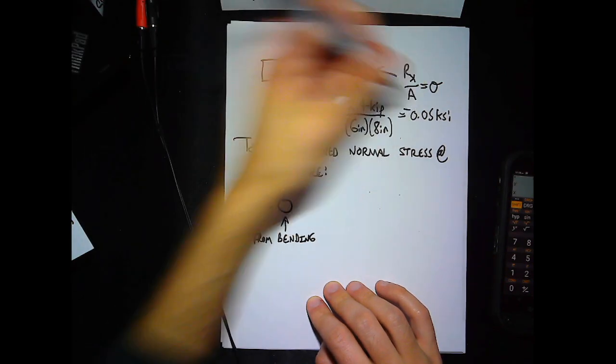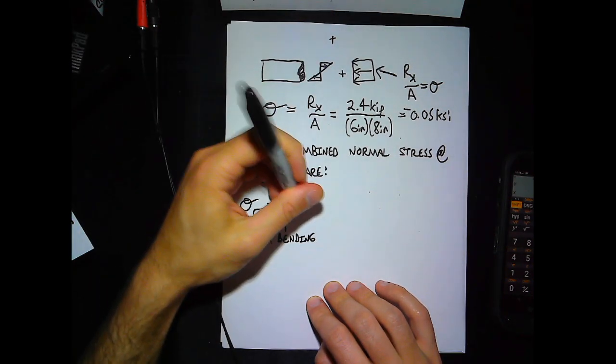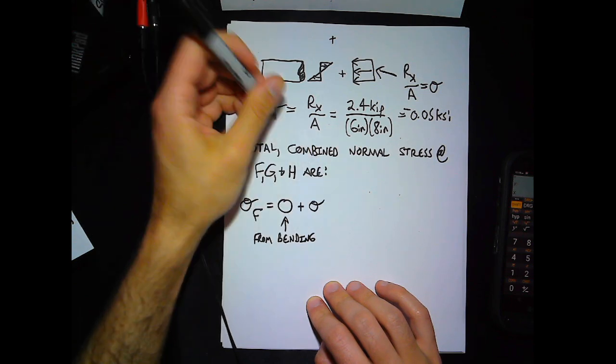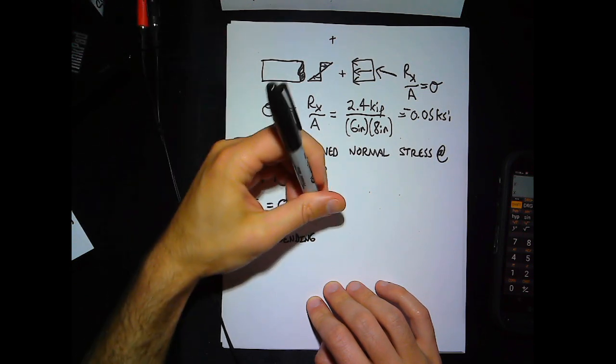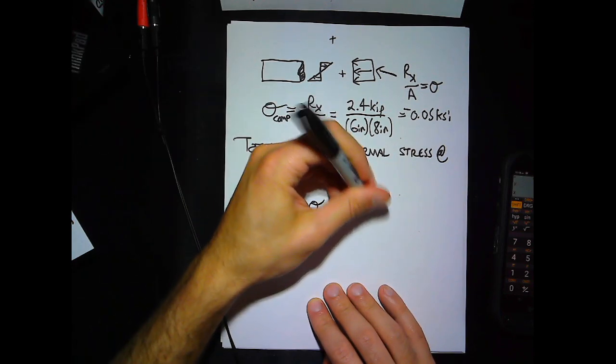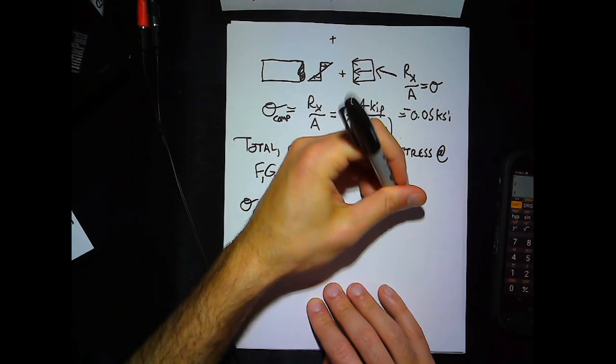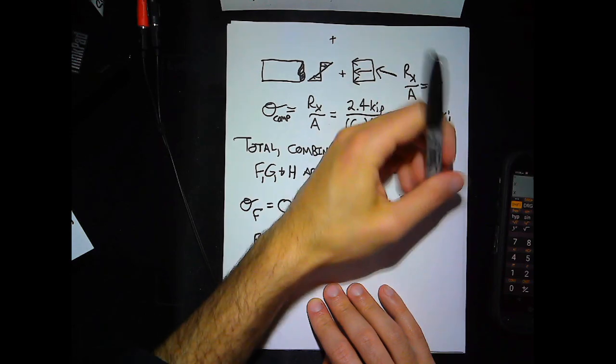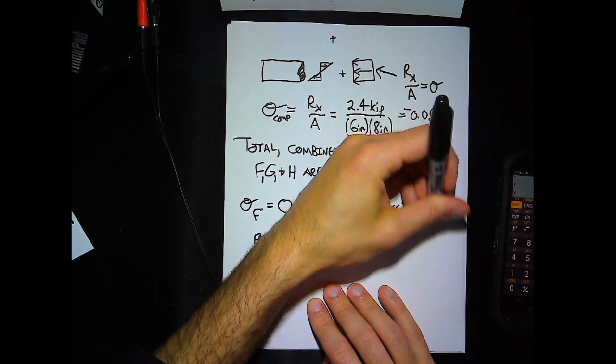And this is compressive, so it has to be negative. And I'll add the compressive stress to that, so it's going to be negative 0.05 KSI, or negative 50 PSI.